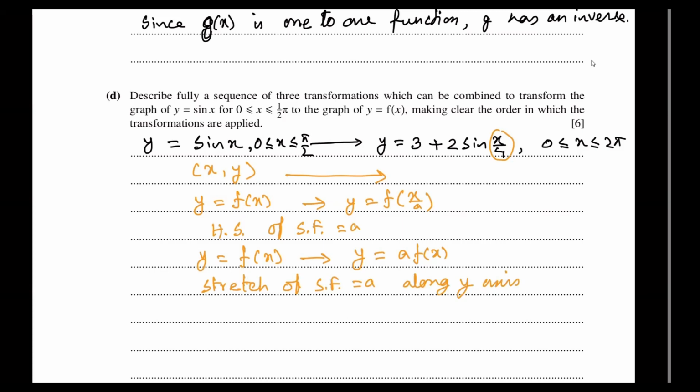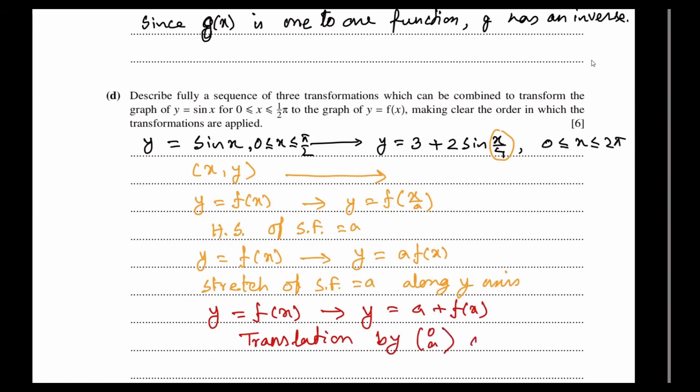And what is the other transformation here? y equals f(x) to y equals a plus f(x). That is a translation by (0, a), or a units, along the y-axis.